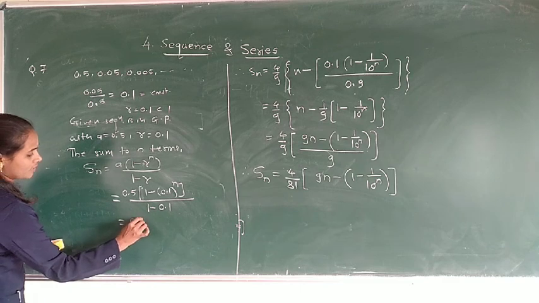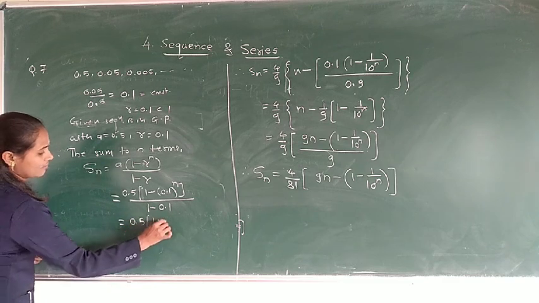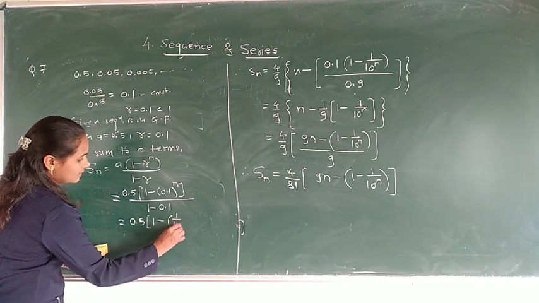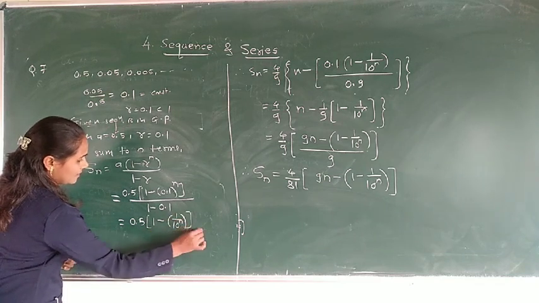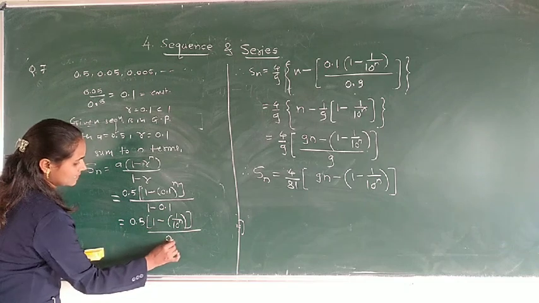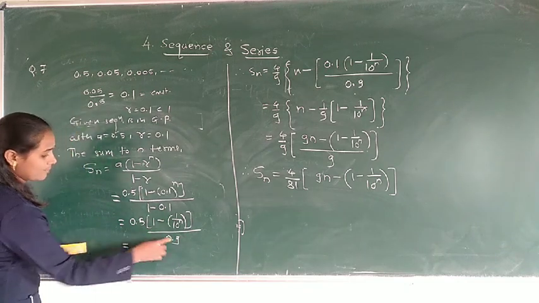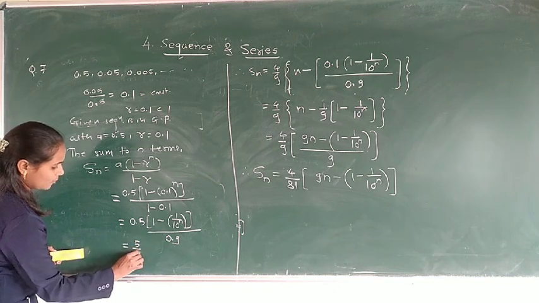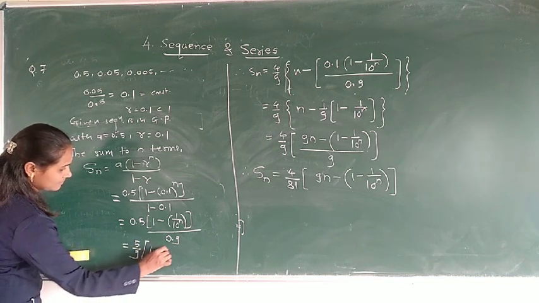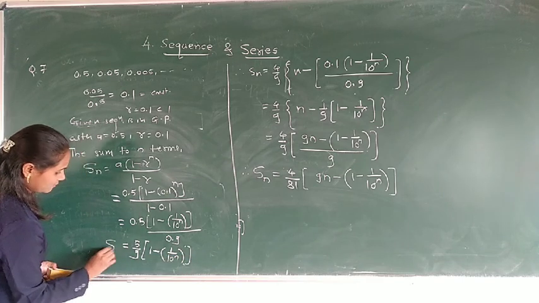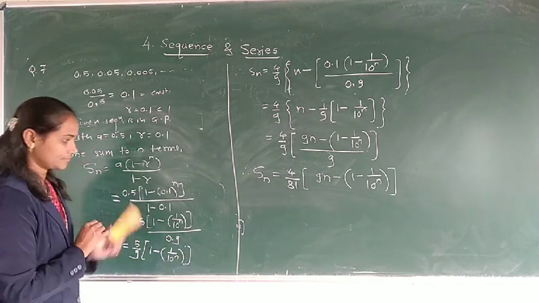Now 0.1 can be written as 1 upon 10, so 1 minus 1 upon 10 raised to n, divided by 1 minus 0.1, that is 0.9. Hence the answer is 5 upon 9 in bracket 1 minus 1 upon 10 raised to n. This is the formula for Sn.